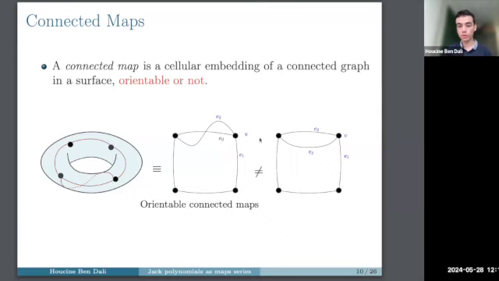So if you compare these two maps, they have exactly the same underlying graph, but they do not represent the same map. The reason is that the cyclic order around the vertex V is not the same from one map to the other. Here, when we turn in this direction, we see E1, E3, E2, while here it's E1, E2, E3.